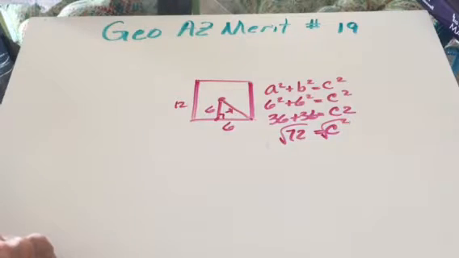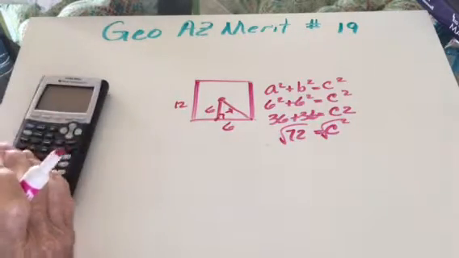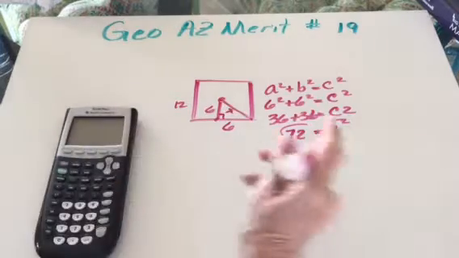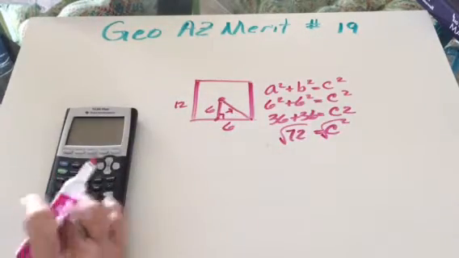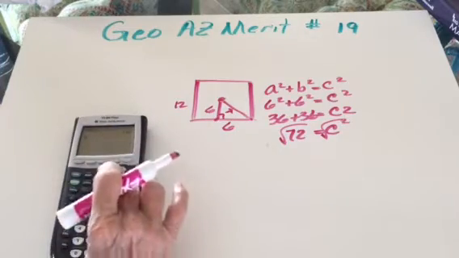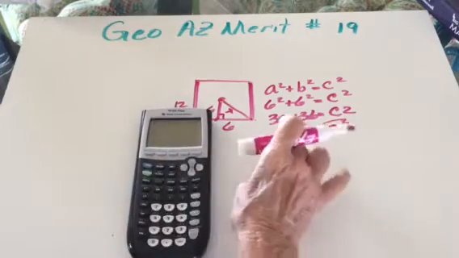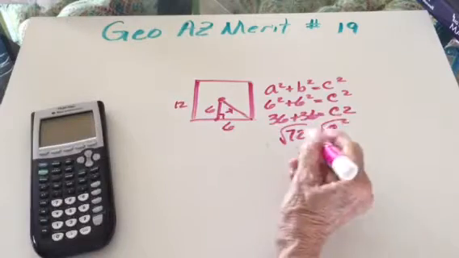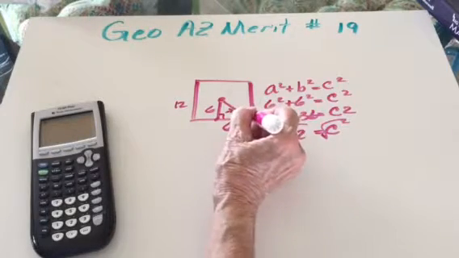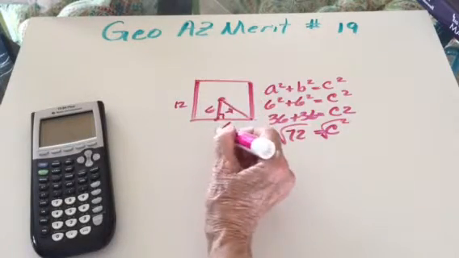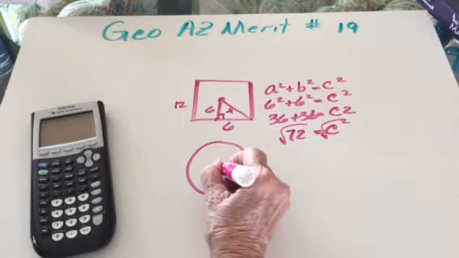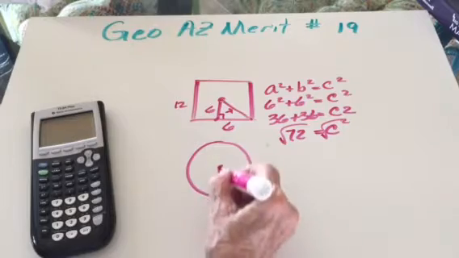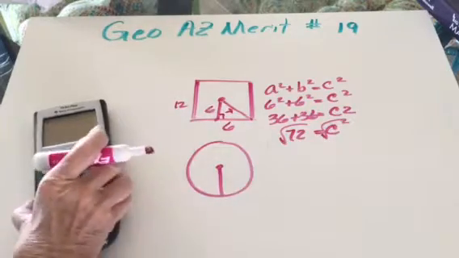We could do it one of two ways: we could simplify that, or we can do it on the calculator. Let's see what we get, because we're really trying to plug that number in to find out what our circle is going to be. Here's our circle, and our radius is what we're trying to find. It's going to be radical 72.